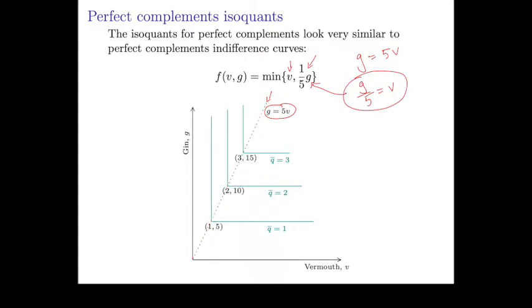Above the dotted line, I have more gin than I need because I'm limited by the amount of vermouth that I have. Below the line, I'm limited by the amount of gin that I have. So that's why I get these L-shaped isoquants.